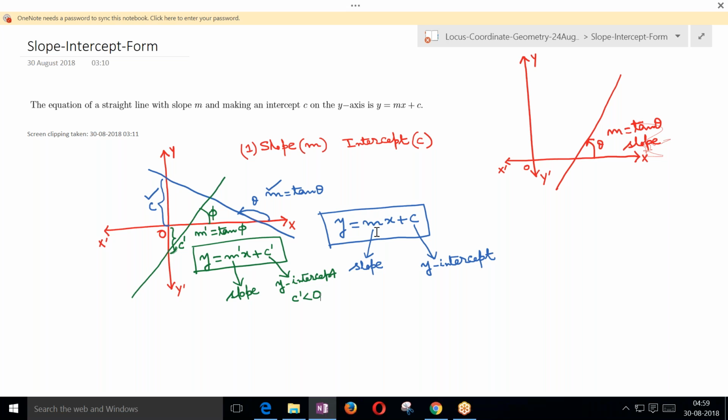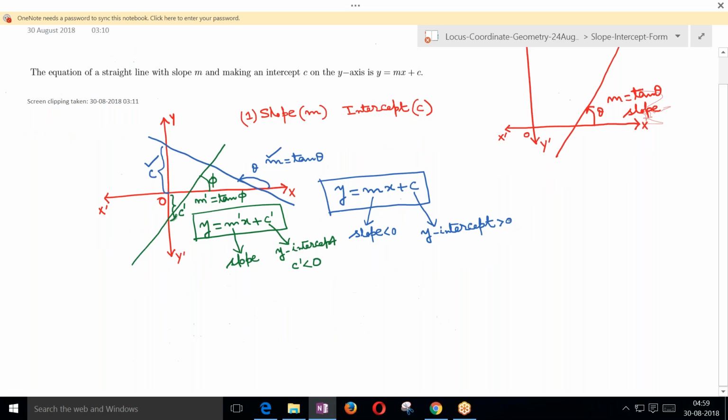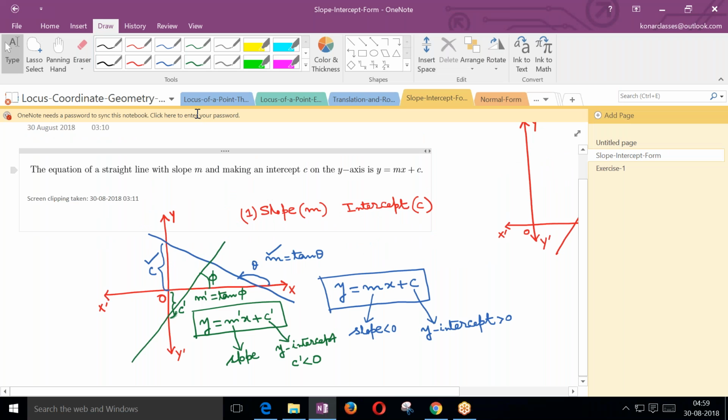Tan of an obtuse angle is negative, so this slope is less than 0, and here the y-intercept is greater than 0. In the second example, the slope is greater than 0 because it is an acute angle.